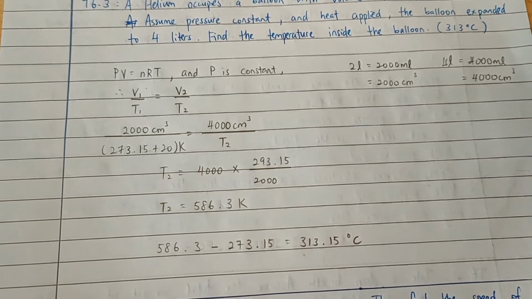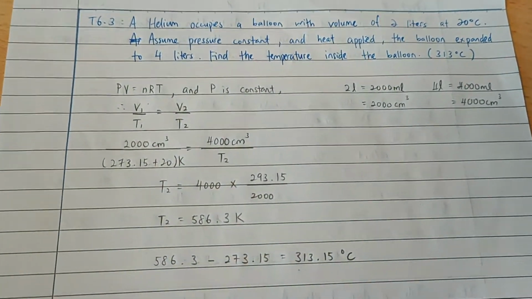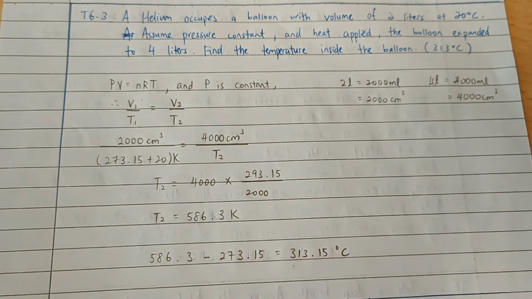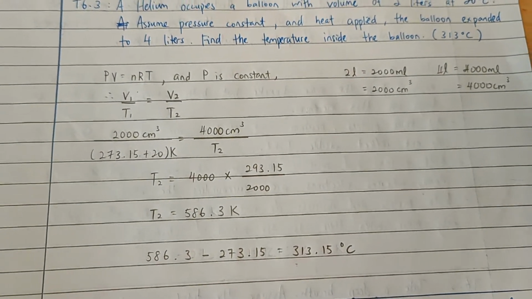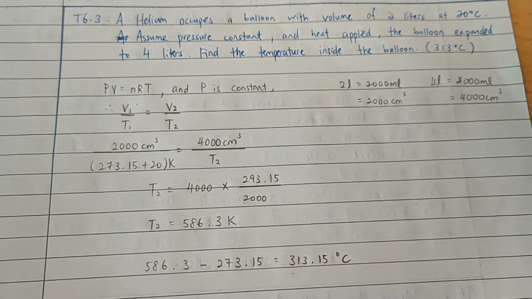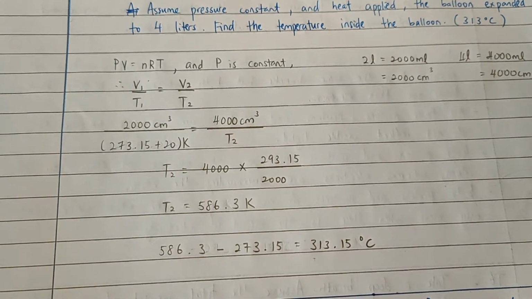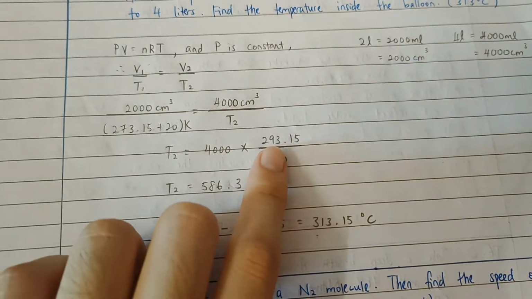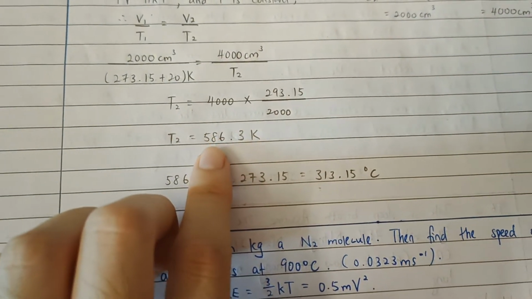And for T1, it's given by the question, and we have to convert the degrees Celsius into Kelvin. So we have to sum up the 20 degrees Celsius with 273.15 Kelvin, which equals 293.15 Kelvin. Then finally we will get the answer.